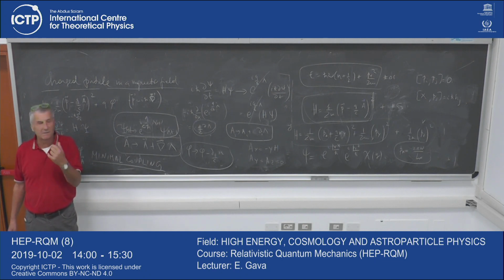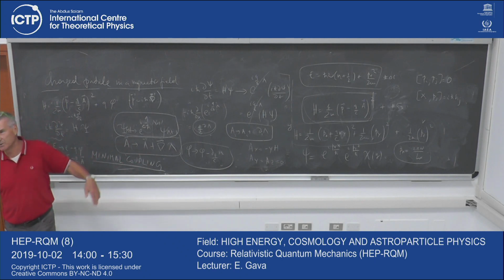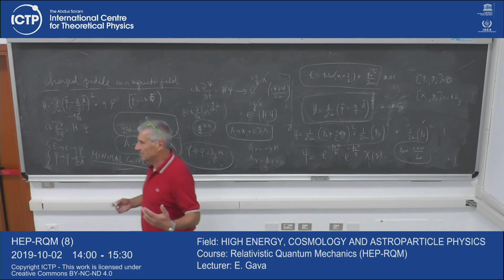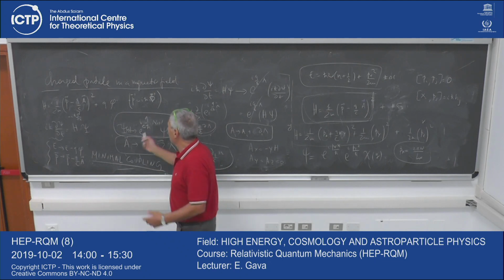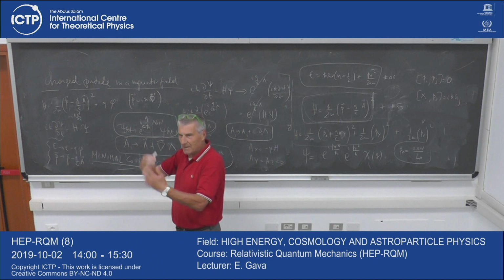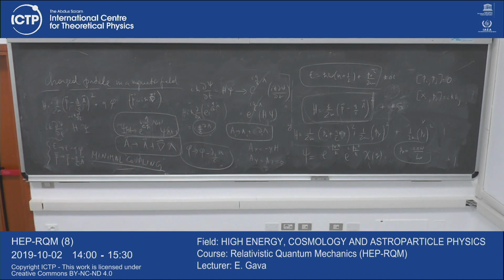But strictly speaking, you should consider this also with its own dynamics given by Maxwell's equations. And the two things are coupled, of course, because the motion of the particle also creates a magnetic field, and then it's a coupled system. Here we are neglecting this interaction, the back reaction of the motion of the charged particle on the external magnetic field.